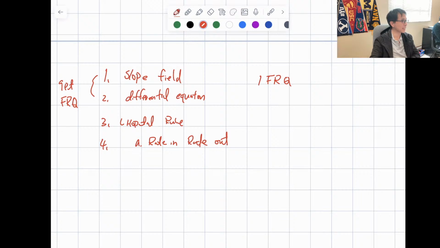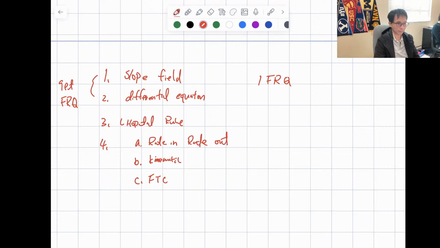That's the one with the escalator that everybody didn't do well on. I will post that today as well. B, you have kinematics. C, you have FTC. So one or 2 of those questions will show up along with L'Hopital's rule.